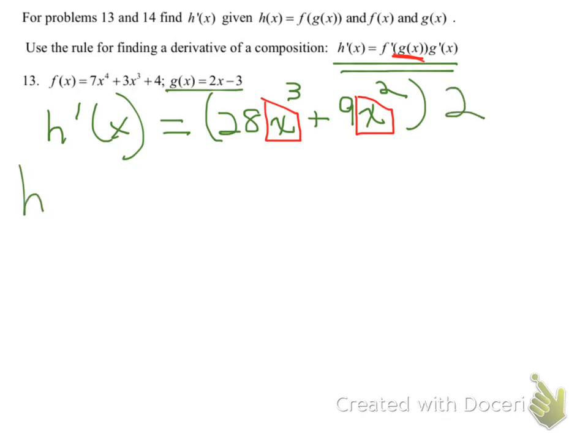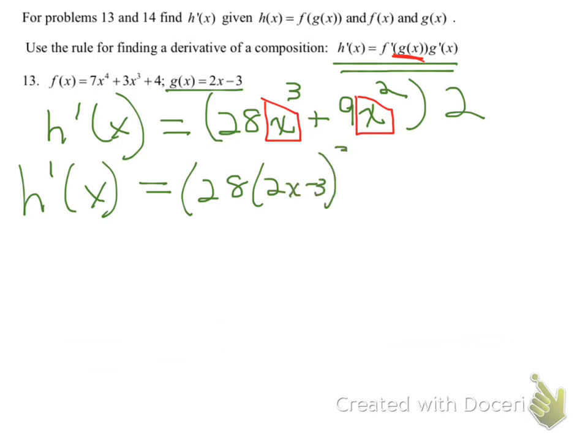Alright, so now we have to rewrite it so that we do the replacement with the g of x for the x's that I have boxed. So 28 is now being multiplied by 2x minus 3 to the third power, plus 9 is being multiplied by 2x minus 3 to the second power, and then the whole thing is going to be multiplied by 2.